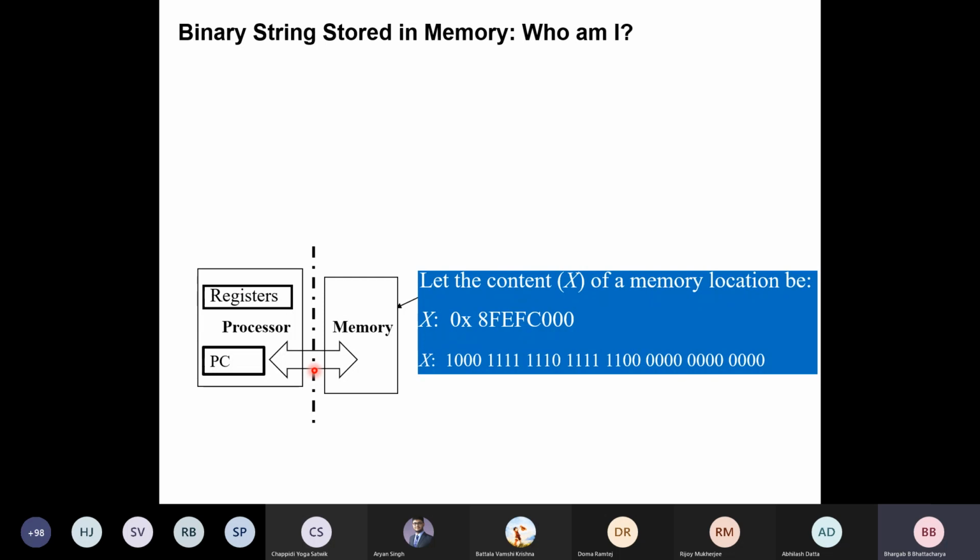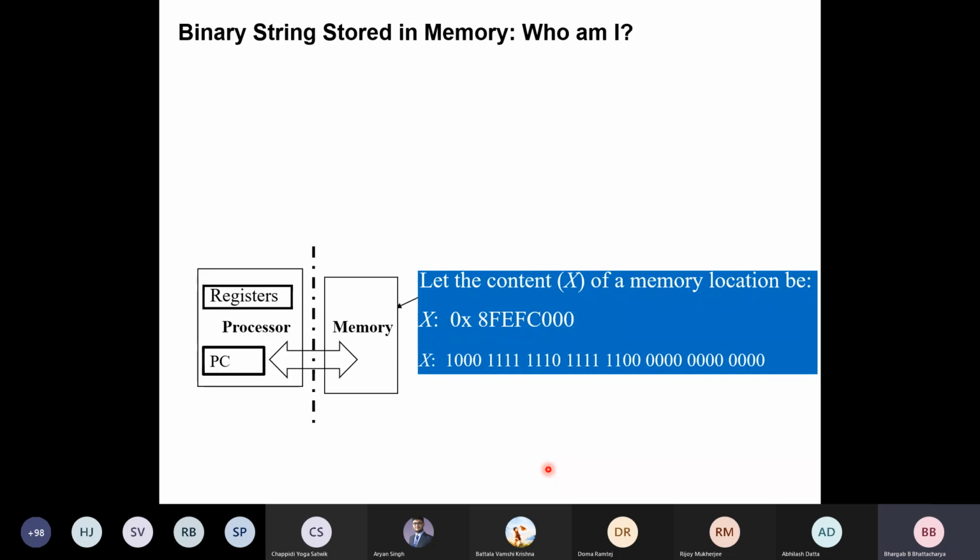So the machine, at this point of time, suppose it is accessing this memory location and finds that the content is a binary string comprising 32 bits, strings of zeros and ones.